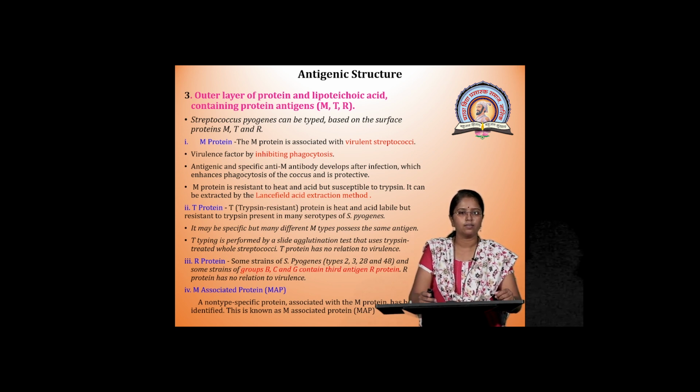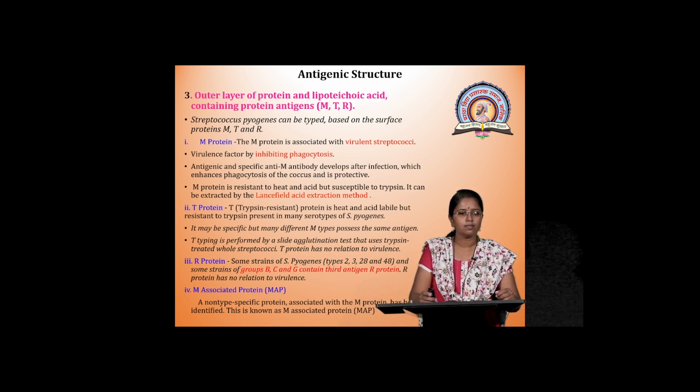T protein, the trypsin resistant protein, is heat and acid labile but resistant to trypsin, and is present in many serotypes of S. pyogenes. It may be specific, but many different M types possess the same antigen. T typing is performed by a slide agglutination test that uses trypsin treated whole streptococci. T protein has no relation to virulence.